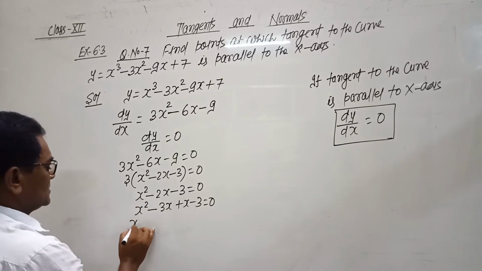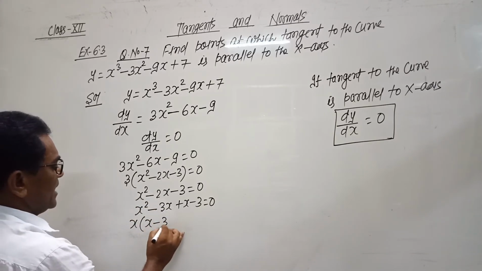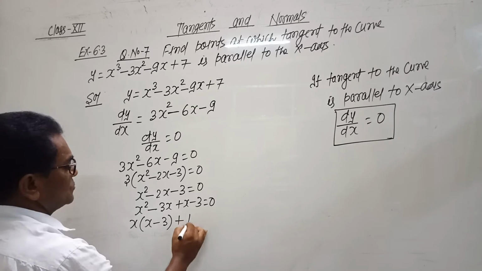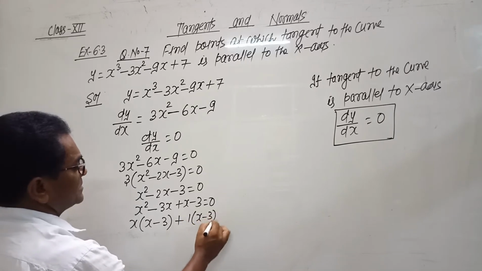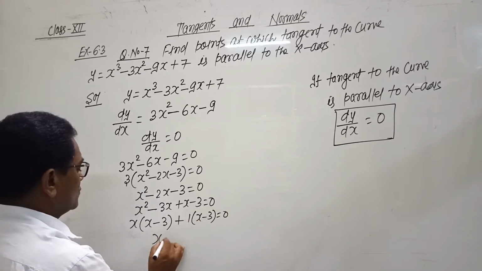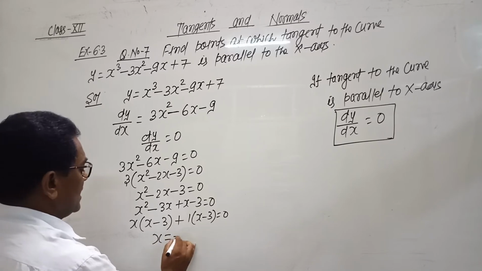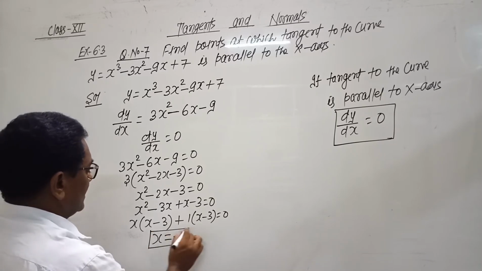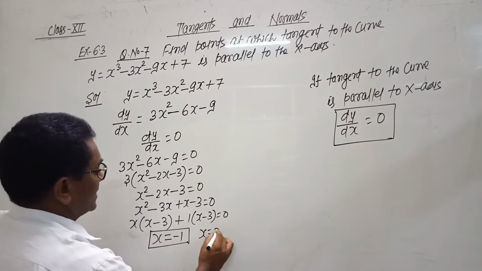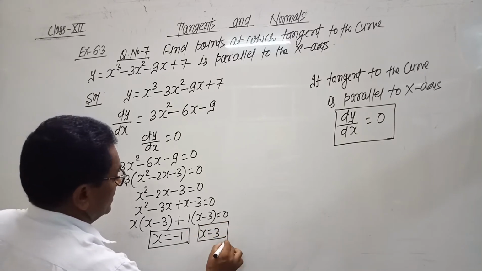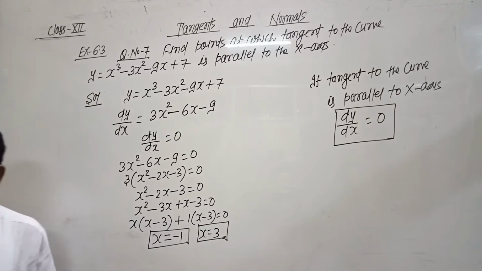From the first two terms x is common, so x minus 3. From the last two terms 1 is common, x minus 3 equals 0. We get two values of x: x equals minus 1, and the other value is x equals 3.